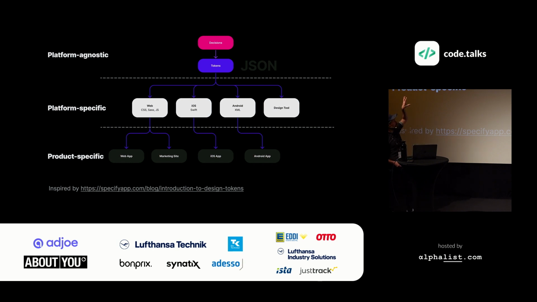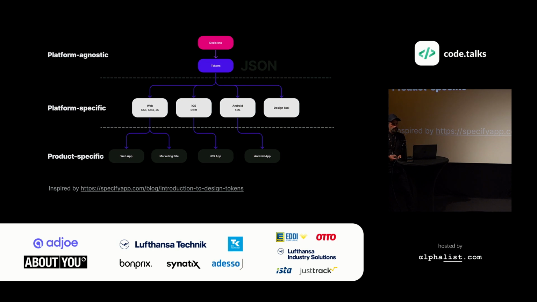So what you see here, you have your platform agnostic tokens saved in JSON files in a repository or managed by a design system management tool, for example. Then, before you can use it, before your digital products or Figma can consume it, you need a translation layer in between.